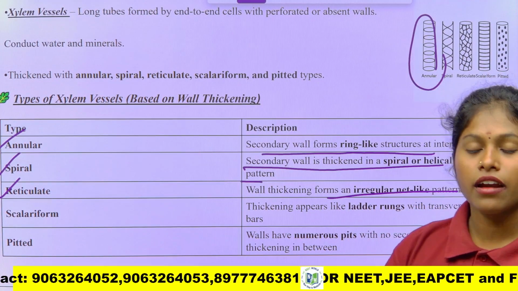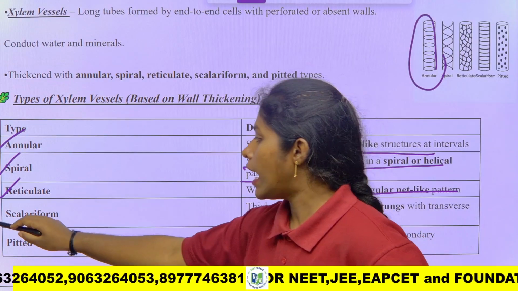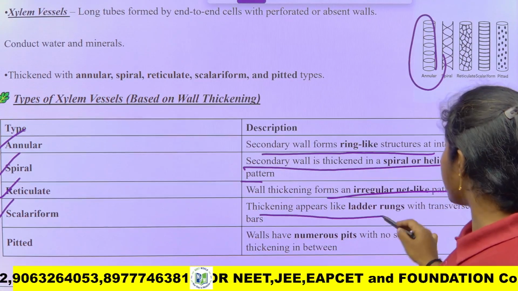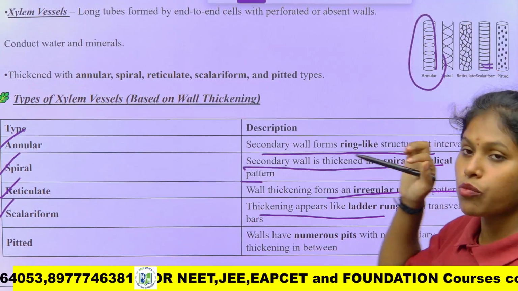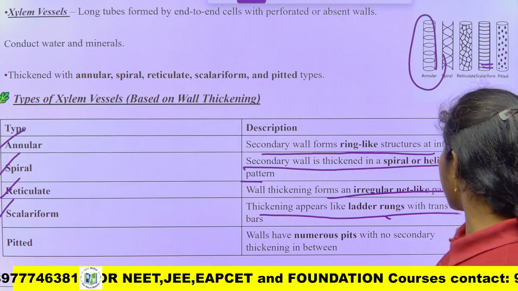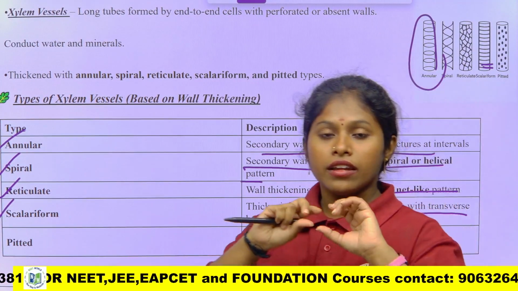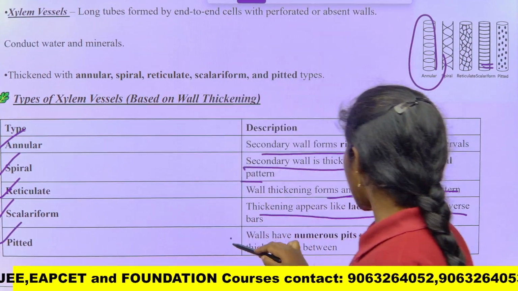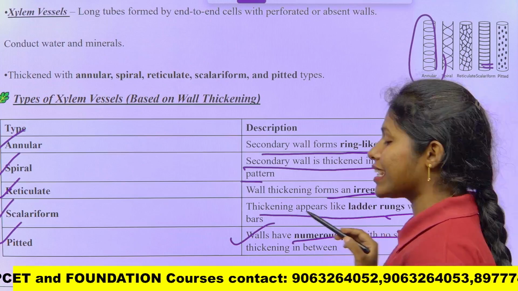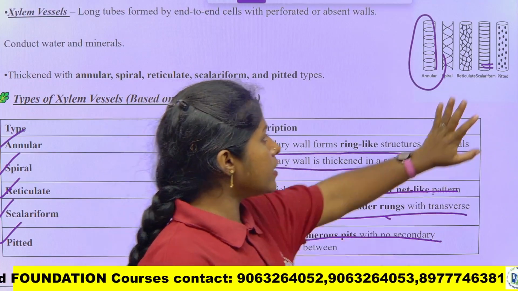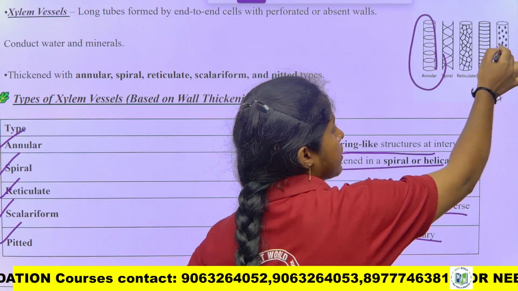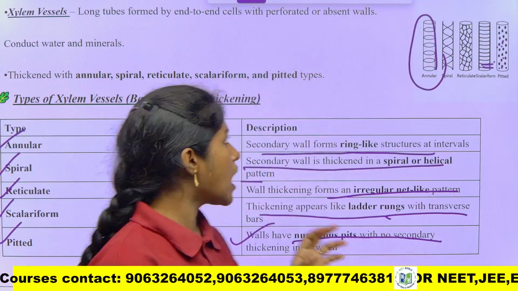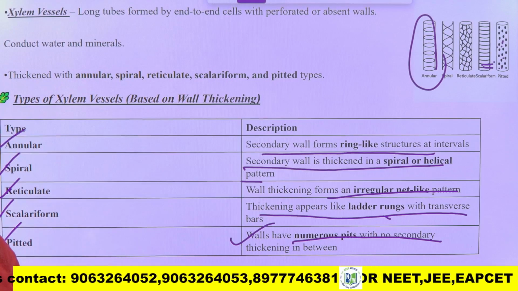Network, mesh-like, they are all the same. Scleriform has thickenings that appear like a ladder. The thickenings are thicker, with a ladder-like appearance. Coming to the pitted: walls have numerous pits with no secondary thickening in between. There is no secondary thickening, it should be uniform. This is how tracheids and vessels are categorized, children.